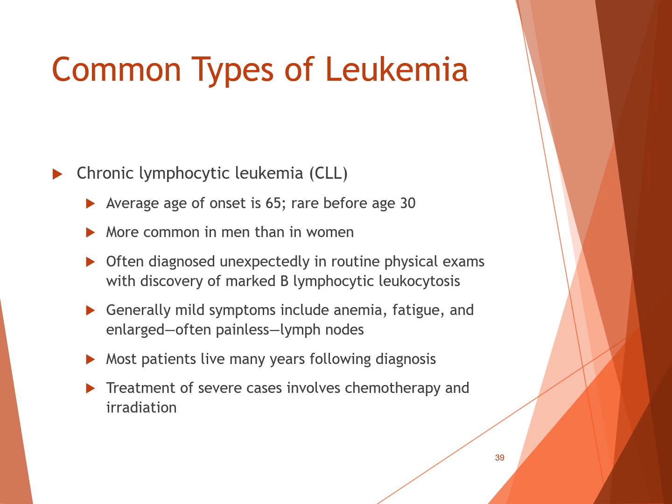But typically individuals with chronic lymphocytic leukemia have few symptoms, and so this type of leukemia is typically diagnosed accidentally by doing some blood work. Symptoms are typically mild. They might have fatigue or show some signs of anemia. But individuals with this type of leukemia can live for several years following diagnosis and often respond very well to chemotherapy and irradiation.